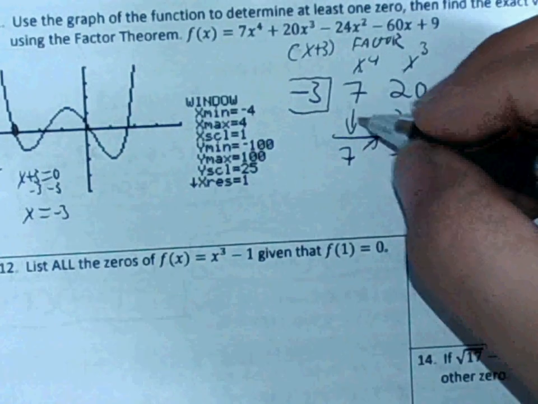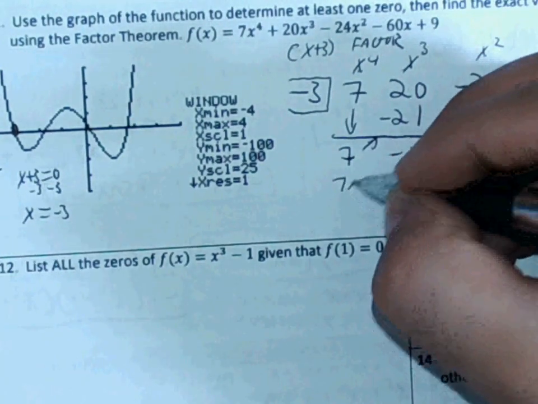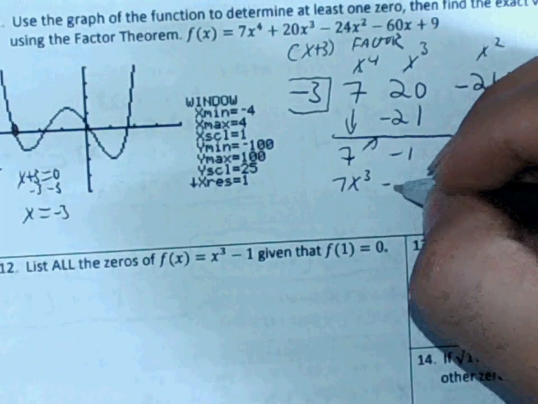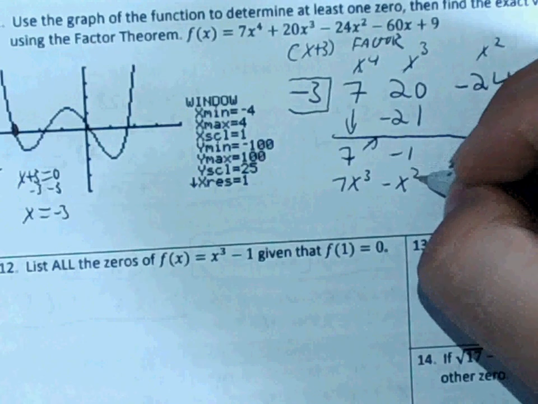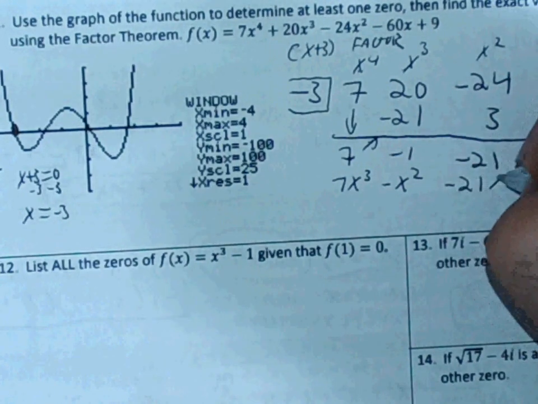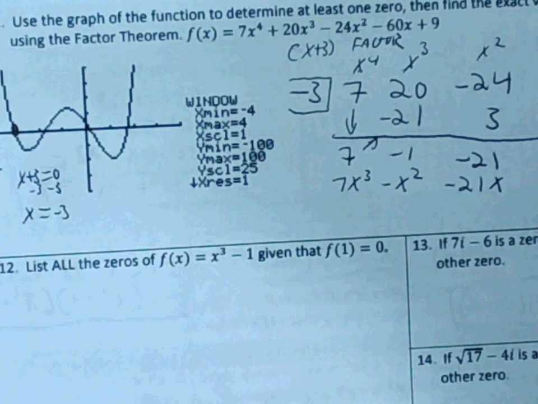So this becomes 7x cubed minus x squared minus 21x minus 3. Oh, sorry, plus 3.